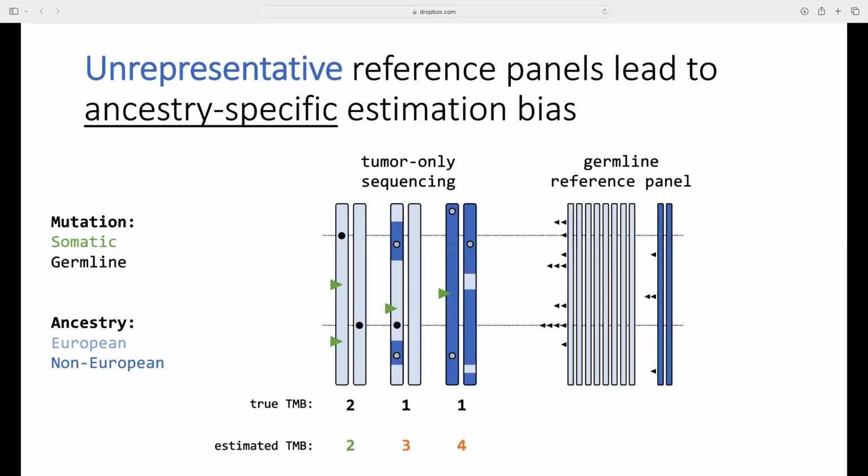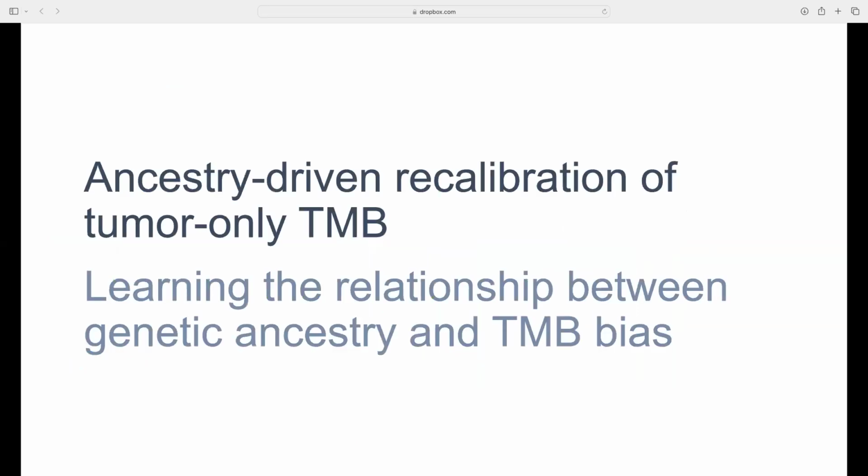There's more diversity in African genomes than in European genomes. The average African ancestry individual has more germline variants. So this is really flipped from what we actually need, which is more reference panels from non-European ancestry individuals.